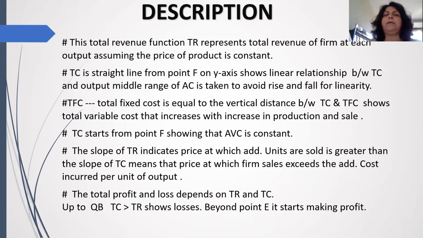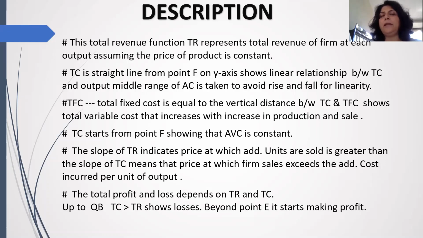What is TR? TR is the total revenue curve: the total revenue of the firm at each output, assuming the price of the product is constant. Since the price is constant, that means there is no change in the price, so TR goes straight up.